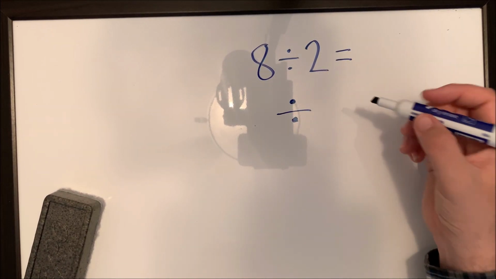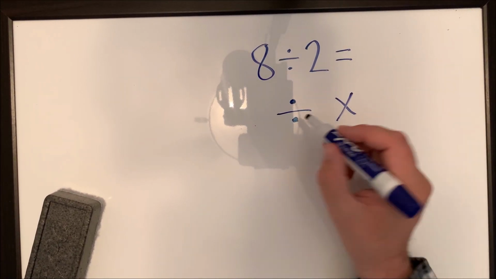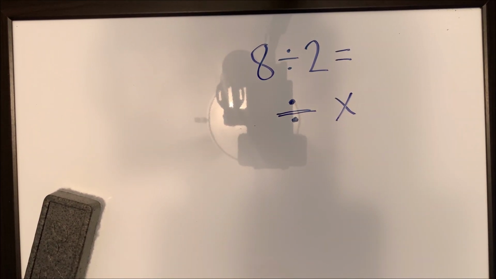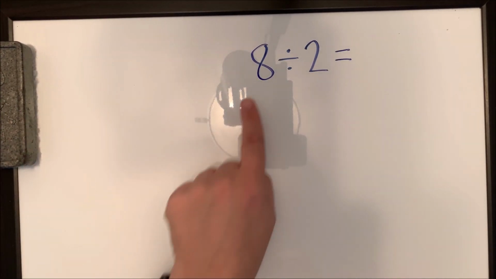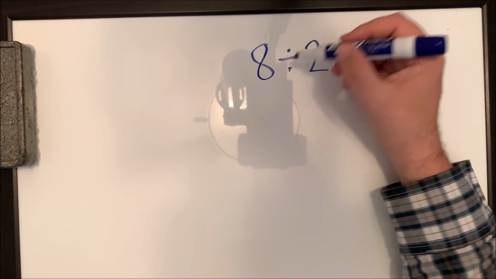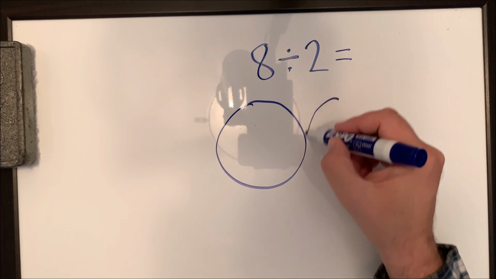Same with multiplied. When you're multiplying, groups of. Divided into, right? And if you do that, it'll help you remember. Sneaky trick. So 8 divided into 2 equal groups. So those are my groups.